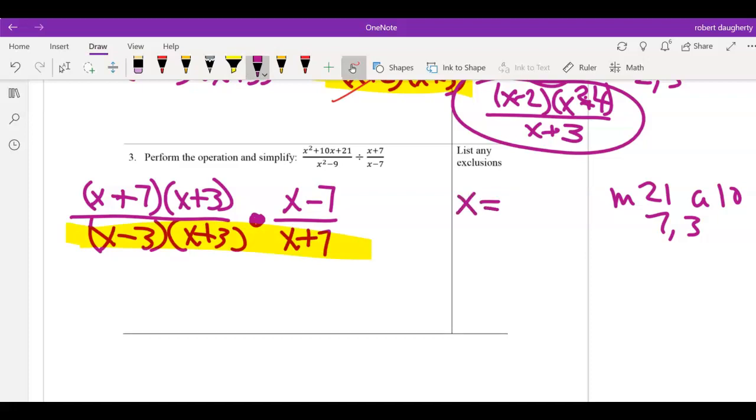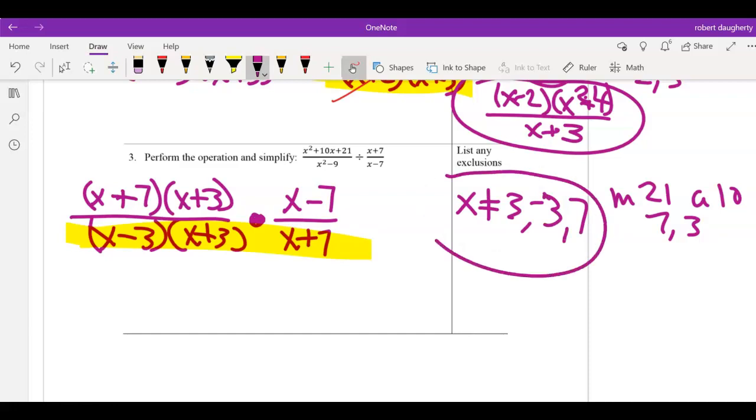X cannot be 3, negative 3, or negative 7. Now, is there any simplification? X plus 3 over x plus 3 is 1. X plus 7 over x plus 7 is 1. This final answer is x minus 7 over x minus 3.